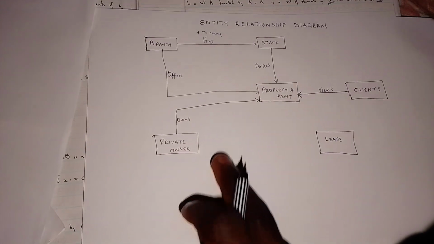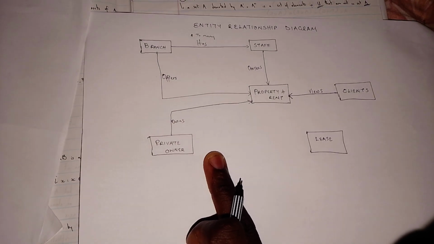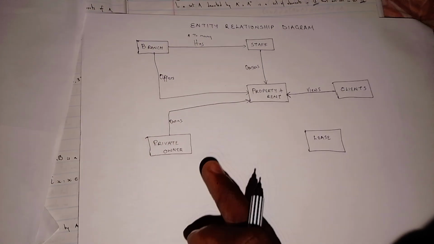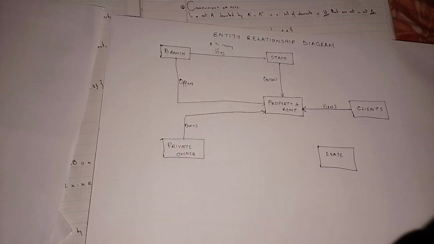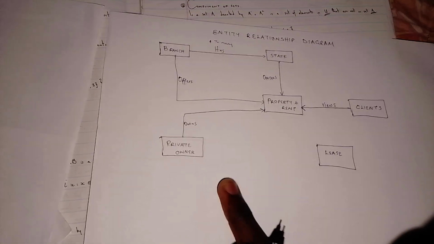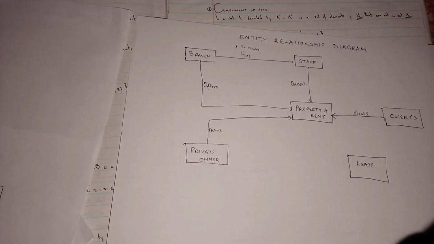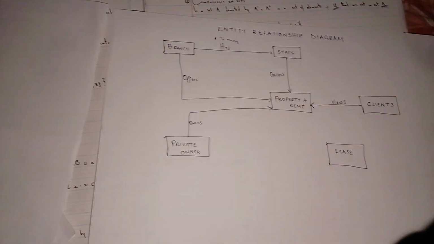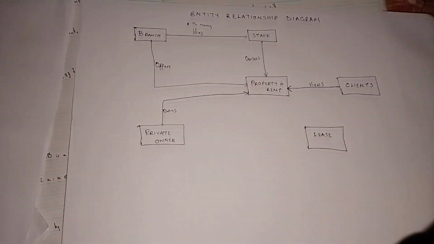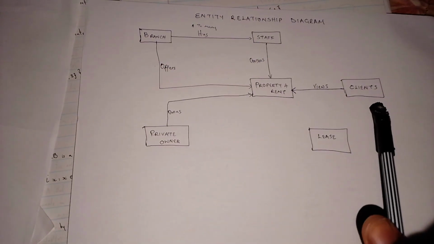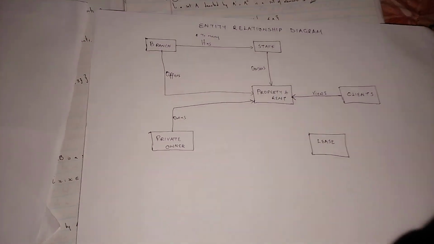John can view a property in Kabulonga, a property in Matero, a property in Ibex Hill, that are offered by one branch. So here it's a many-to-many relationship, where many clients can view many properties.